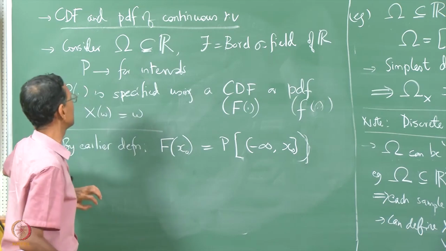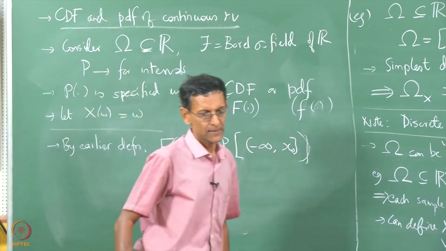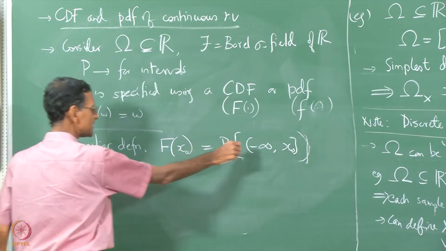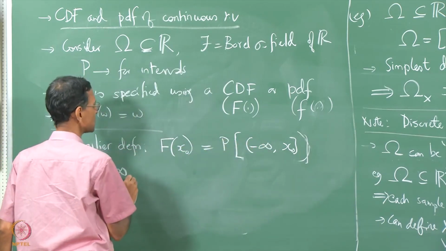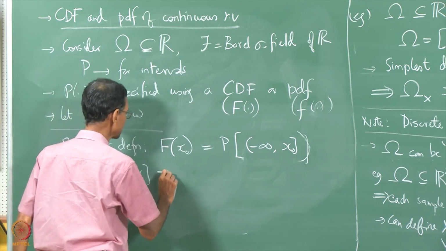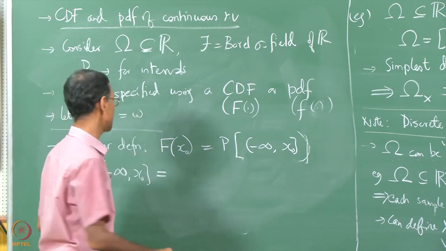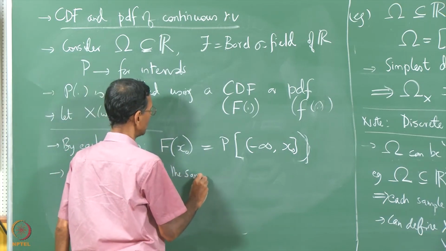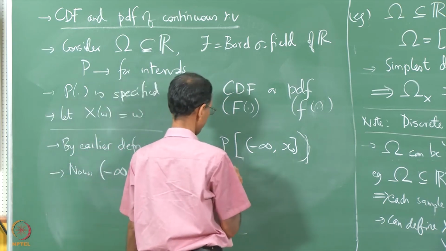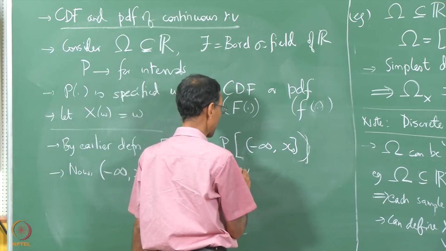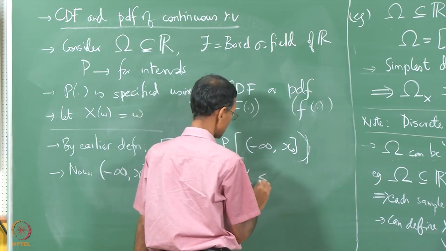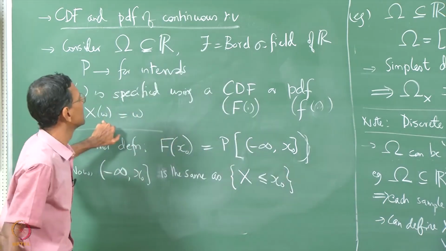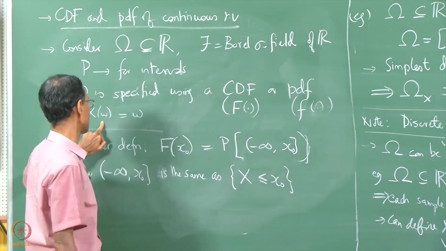Now, we bring in this random variable and it is clear that this interval, minus infinity to x naught, is identical to the event that the random variable takes values no bigger than x naught, because of this way of defining the random variable, right.